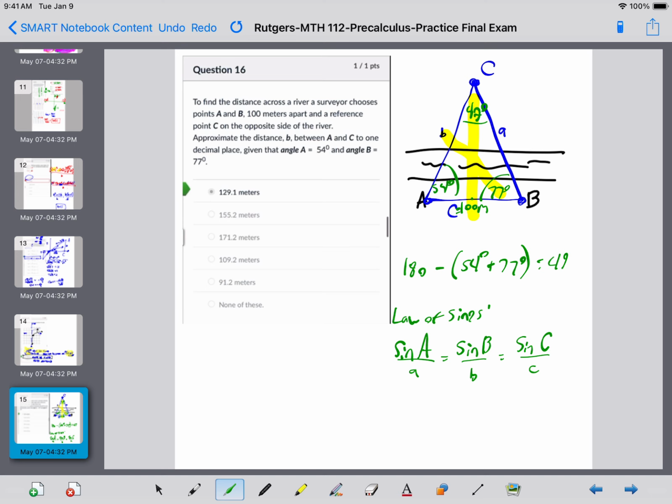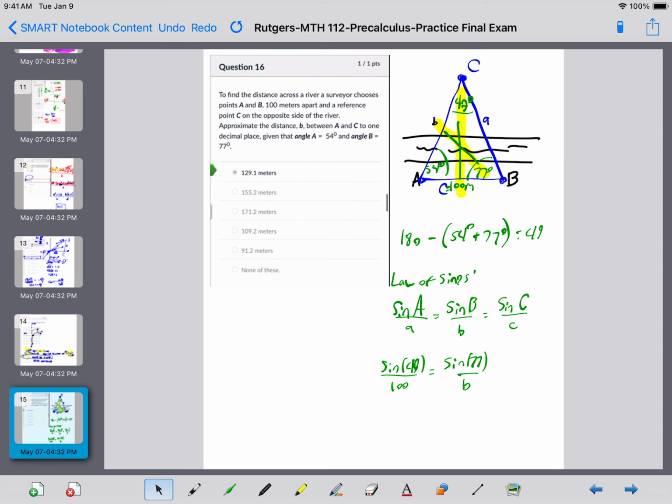So we have 100, so sine of 49 over 100, because sine of the angle over the side, equals, and we want to find this B side, right? So sine of 77 over B. Because you have fractions across from an equal sign, you can cross multiply. So B times sine of 49 equals 100 times sine of 77.